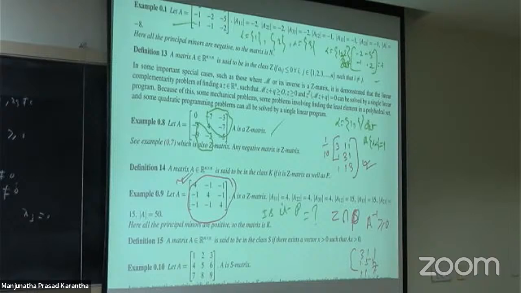The matrix is 3, 1, 1; 1, 5, 1; 1, 1, 7. What is the inverse? I do not know whether this will be a counter example or not.